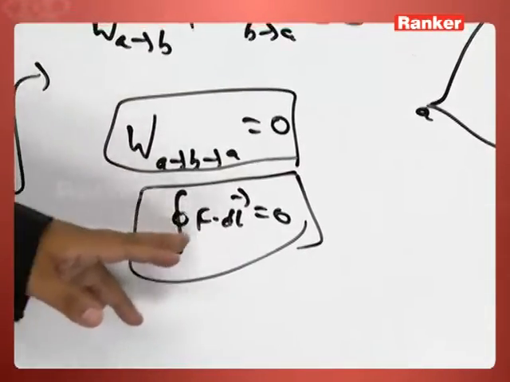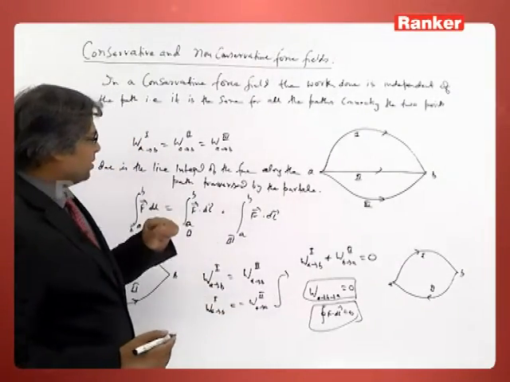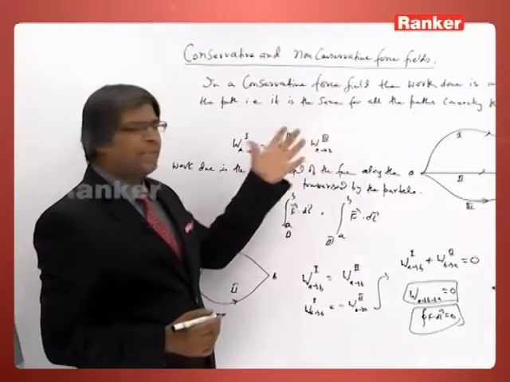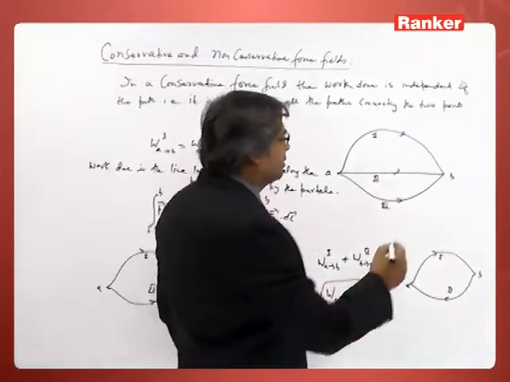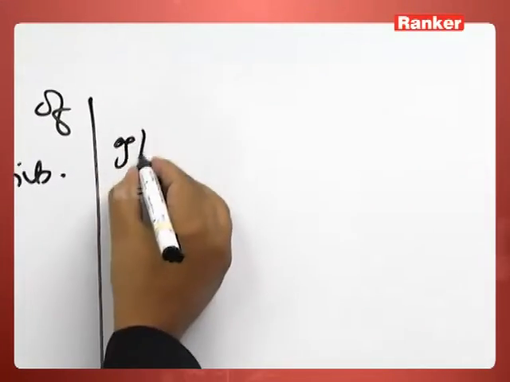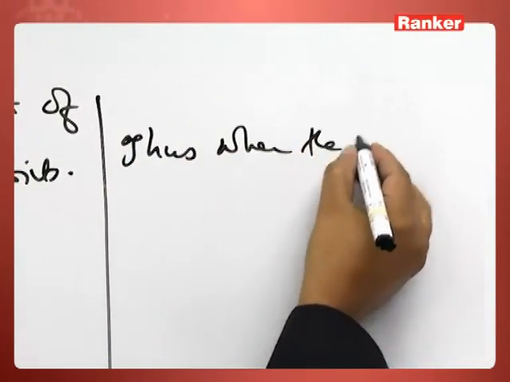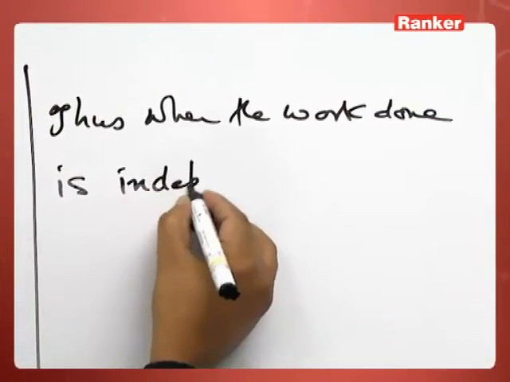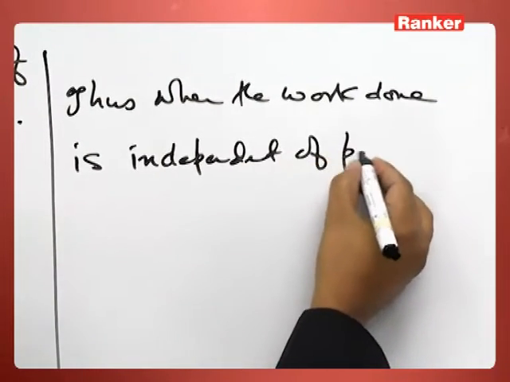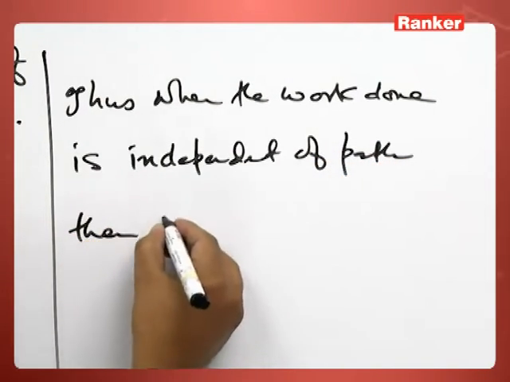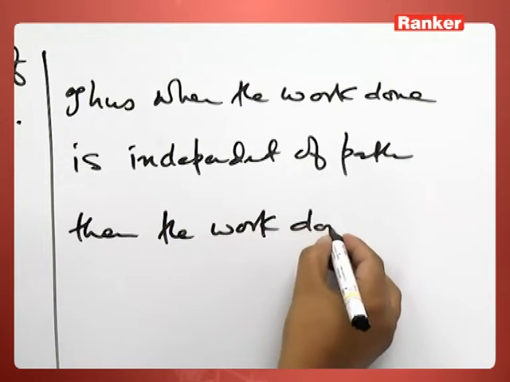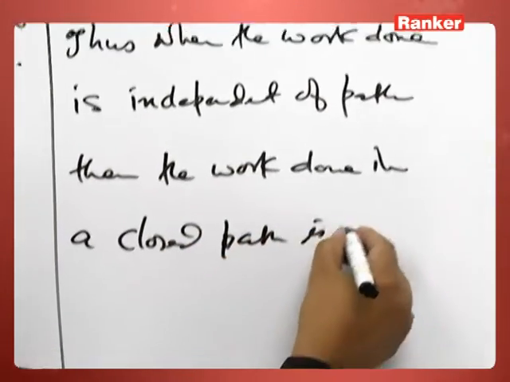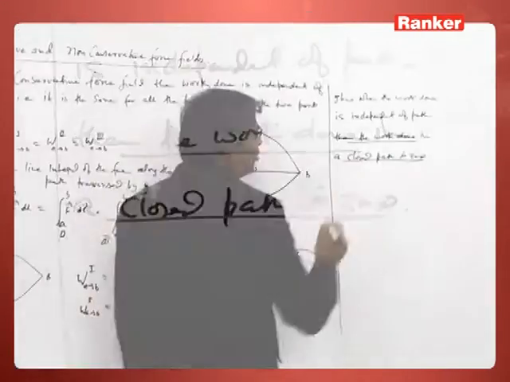So work done in this closed path, meaning cyclic path, is 0. Thus the statement that the work done is independent of path is nothing but, when the work done is independent of path, then the work done in a closed path is 0. So this is automatically the consequence of this.